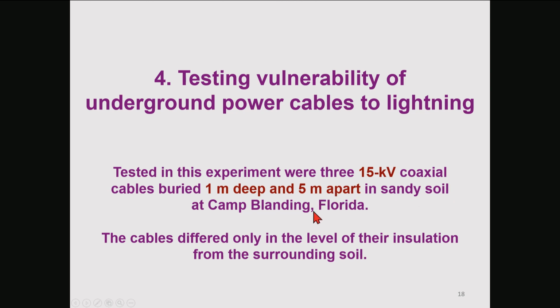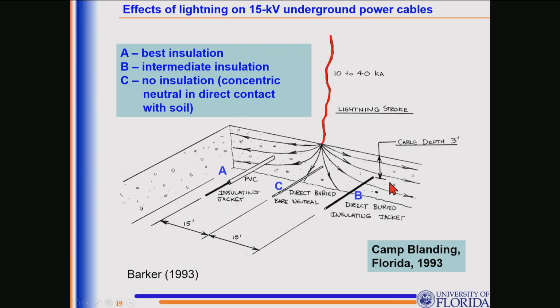And the cables differed only in the level of their insulation from the surrounding soil. Other than that, the insulation between the center conductor and the outer shield was the same. Polyethylene insulation, 15 kV. It's just the level of insulation relative to the surrounding soil.